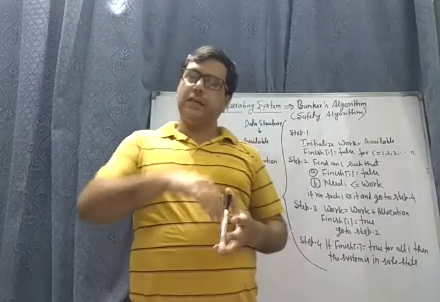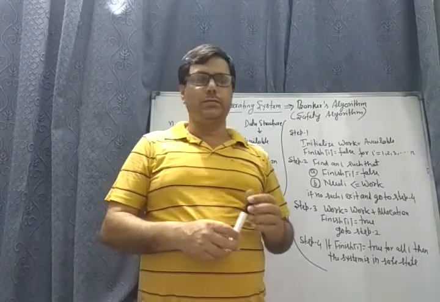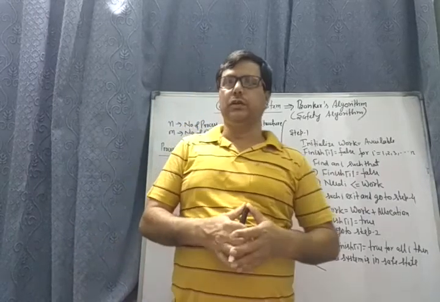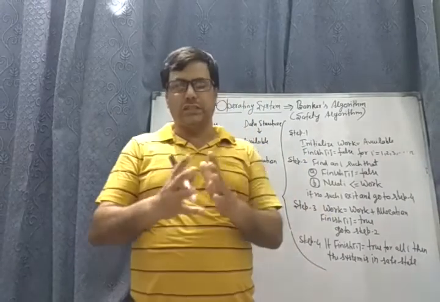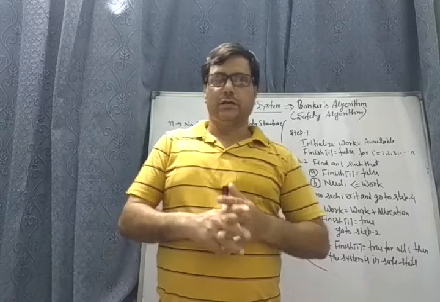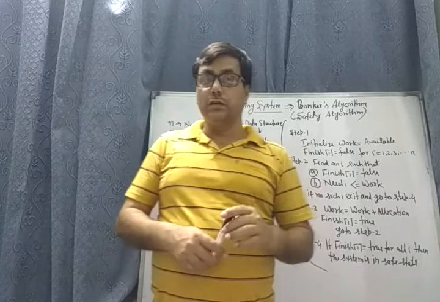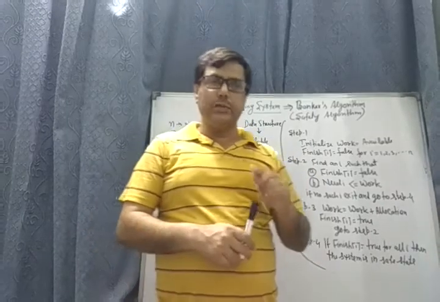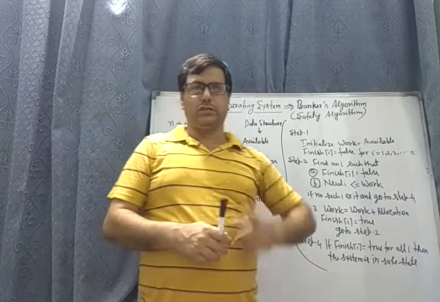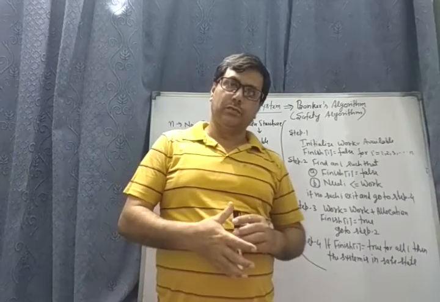The second thing in the deadlock avoidance algorithm: assume that presently the system is in a safe state, and if any request from a process comes, then we have to examine whether that request will lead the system to a safe state or not.